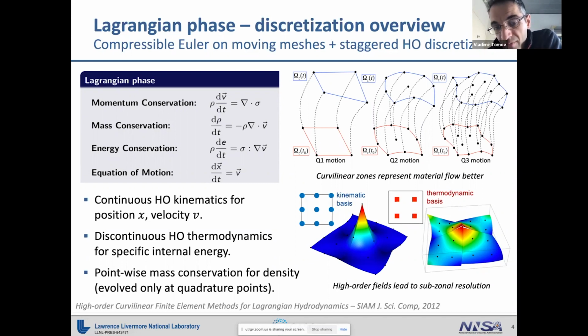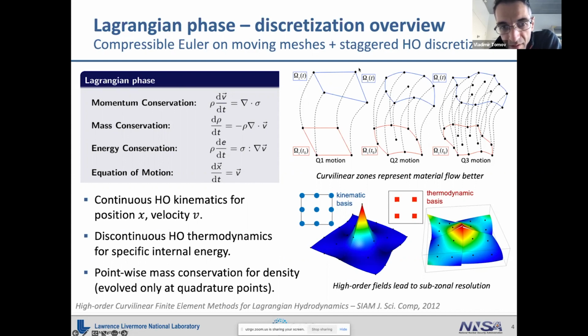You can solve with an L2 discontinuous velocity, but then you have to do some averaging, and people do that, but we have found that it's just more convenient to use continuous velocity to move the mesh. So velocity is H1. Then the energy is L2.